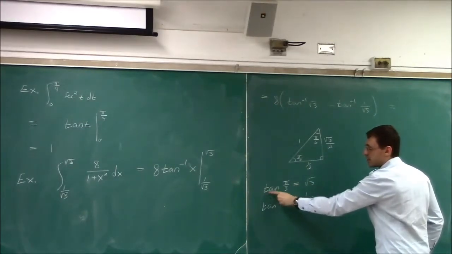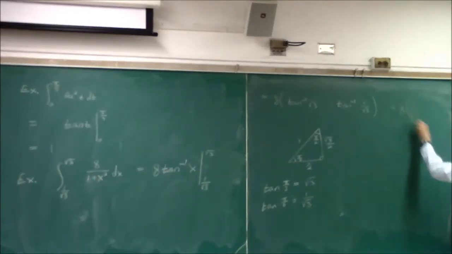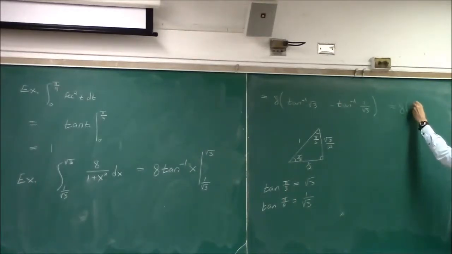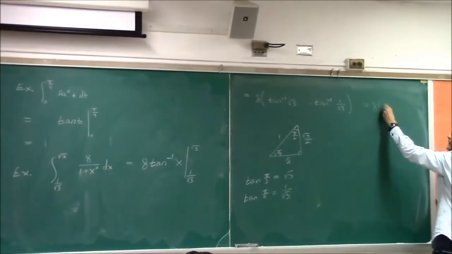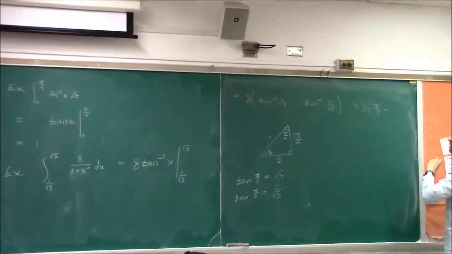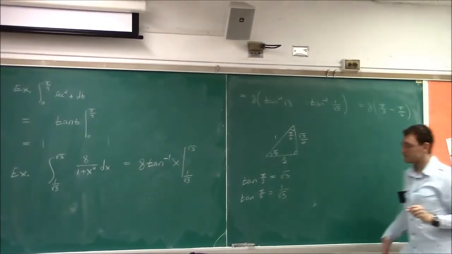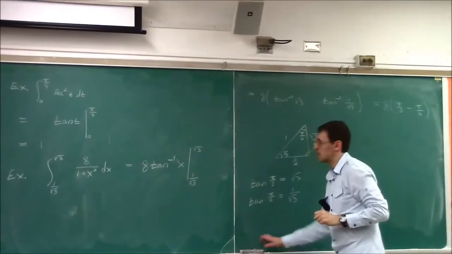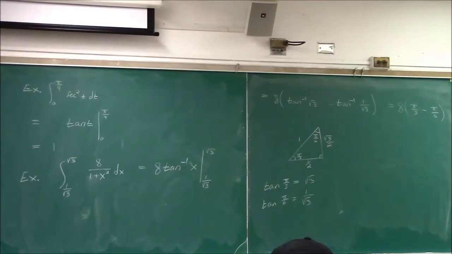So inverse tangent of root 3 is pi over 3. So what I have here is 8 times, and the first number is what? Minus pi over 6. Okay? So one more example.